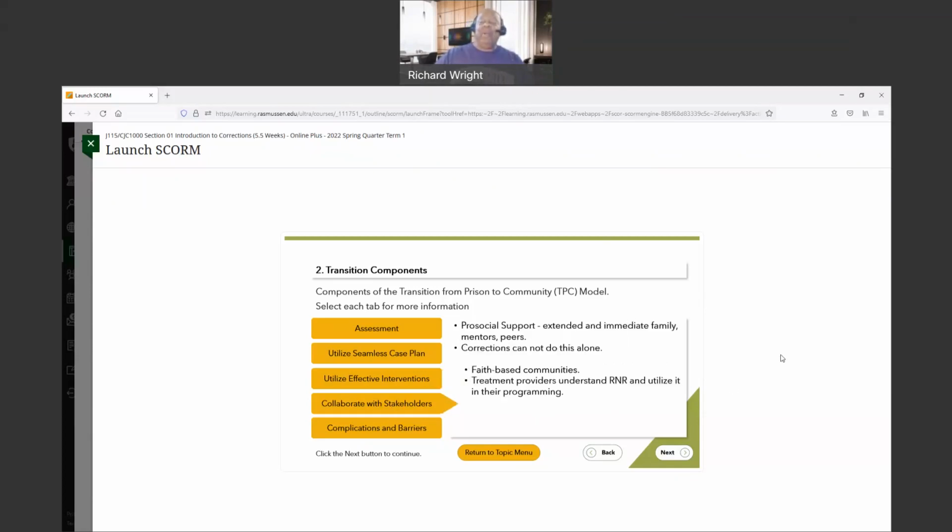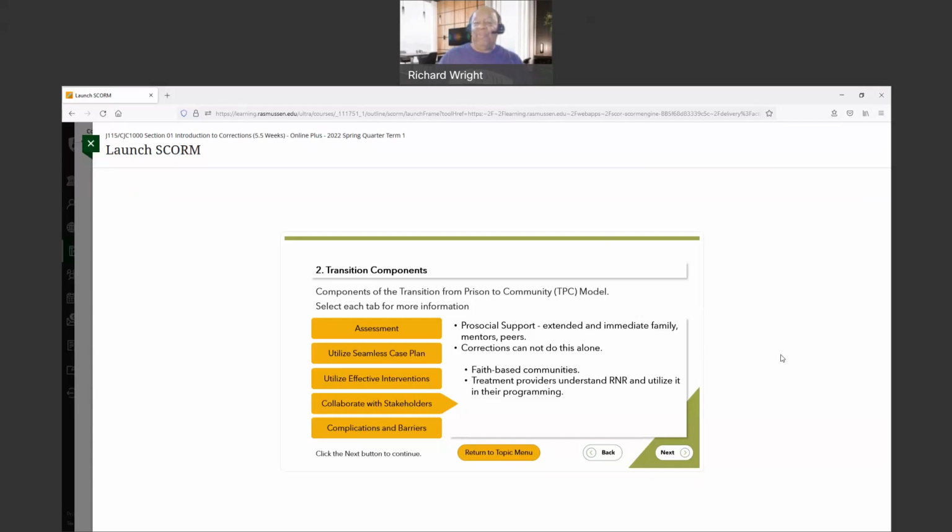So we have various stakeholders in the community. We have extended and immediate family. We have mentors and peers that are provided to help with the TPC. And so it's not just what happens with corrections, it's community organizations, churches, faith-based communities, other social service agencies to help individuals.